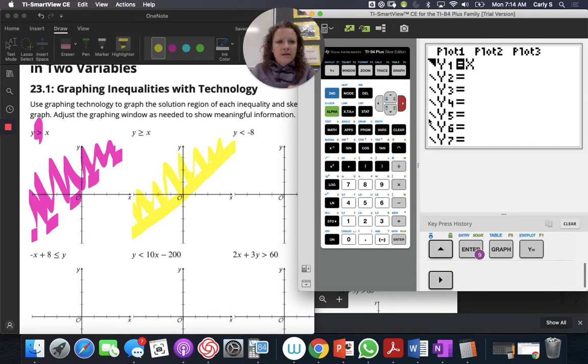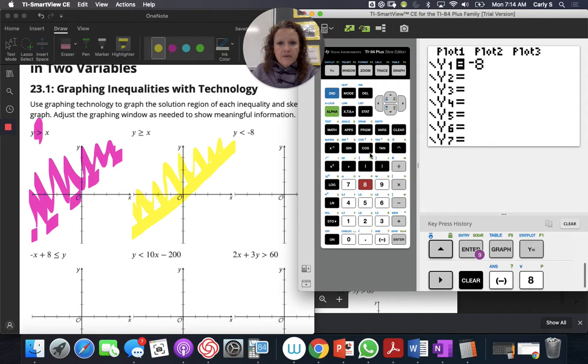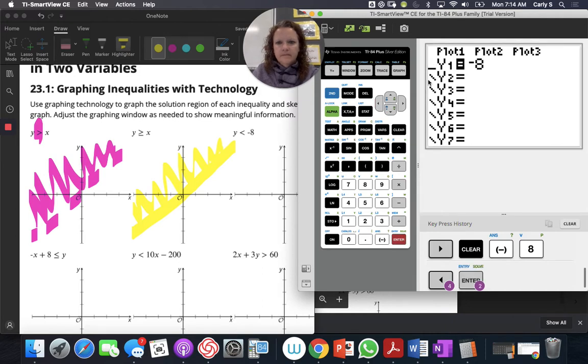So let's go over here and we're going to do -8. And it's less than, so there we go.